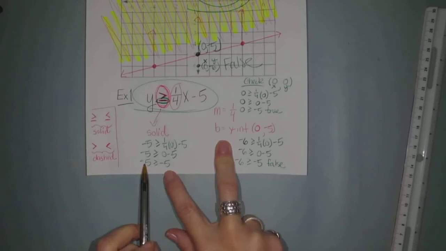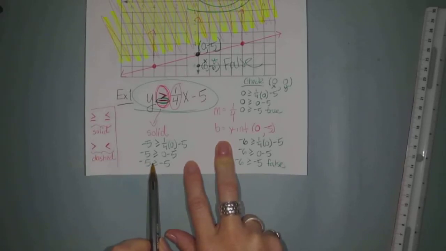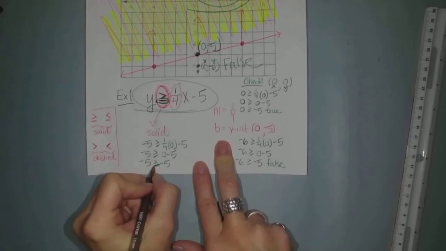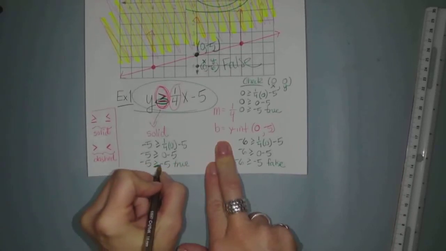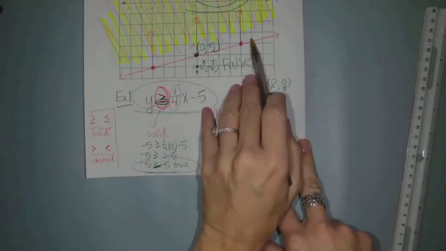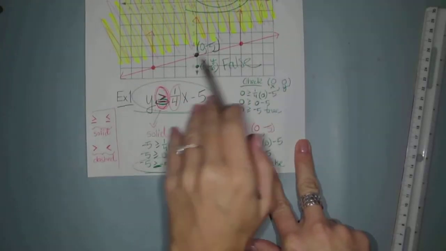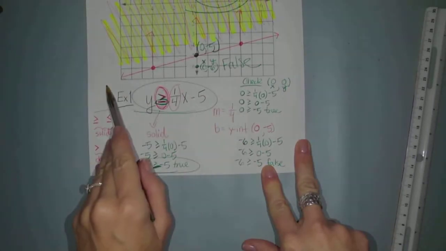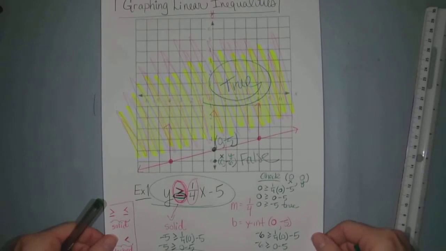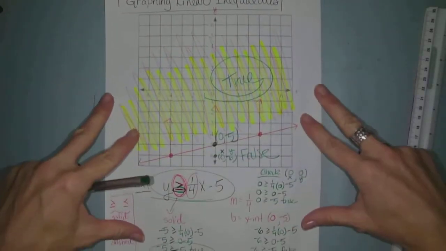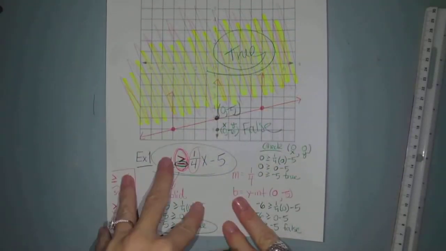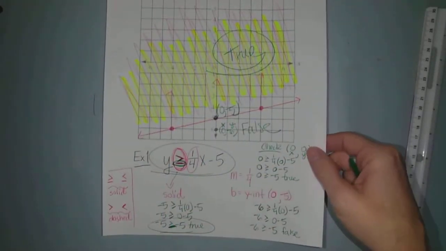Now, that's actually true. -5 is not greater than -5, but it is equal to. So because of the equal to, this is true, and so the dots on the line should be connected with a solid line. Okay? Alrighty, let's go on to our next example. That's the only one I'm going to go through with the checks. You get the idea. That is how, if you were unsure, you would check yourself.